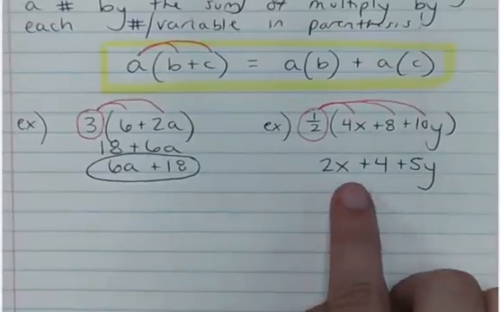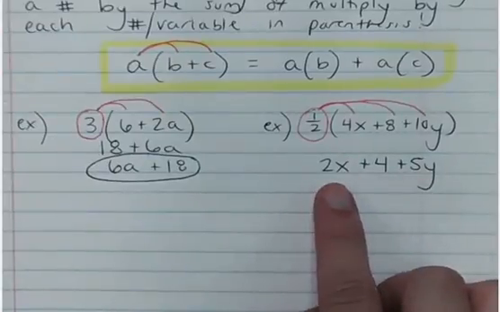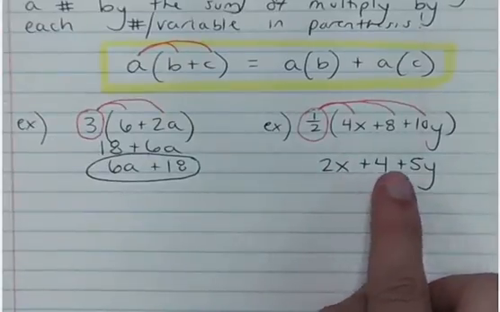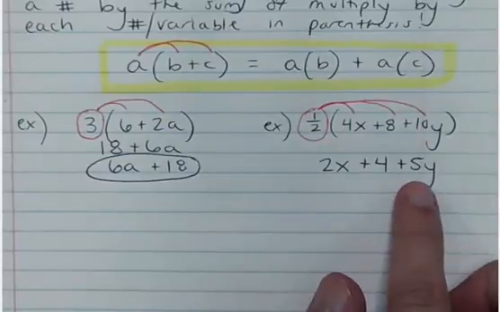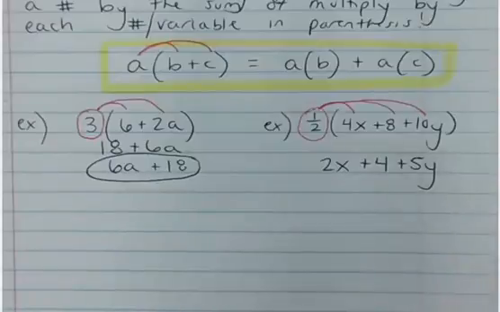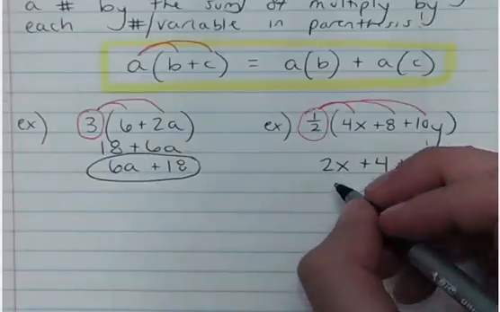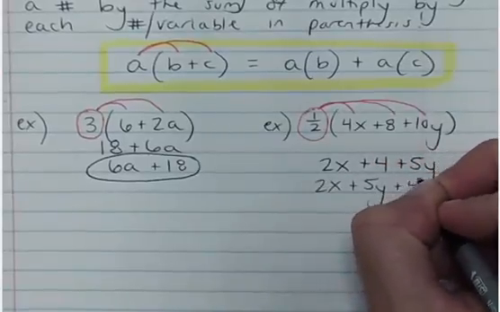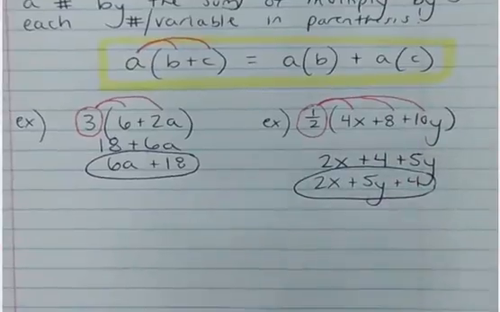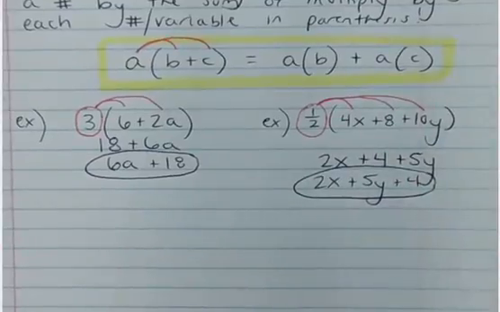Now, can I add any of these together? Can I combine like terms? I have x's, I have numbers, and I have y's. So I am completely done there. I can't simplify that anymore. However, I can rewrite that in standard form, which is alphabetical order and then numbers at the end. So I have 2x plus 5y plus 4. That would be my simplified answer to this expression.